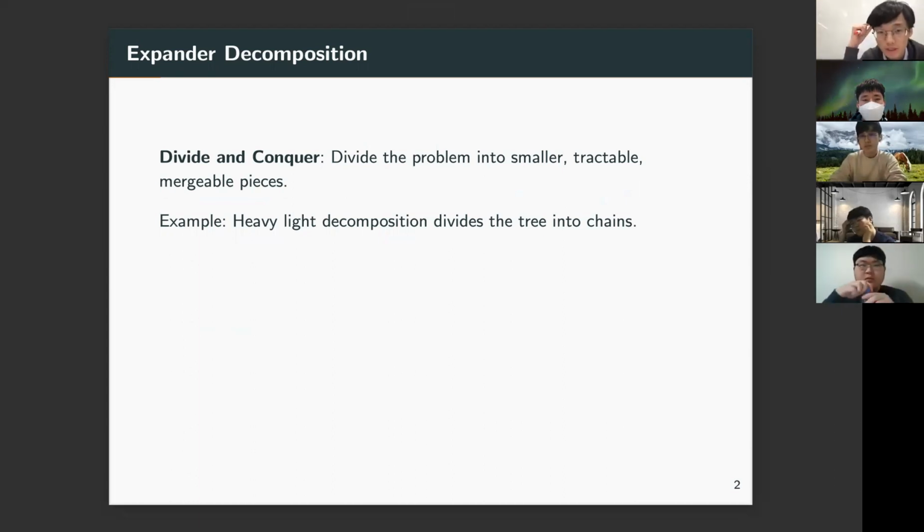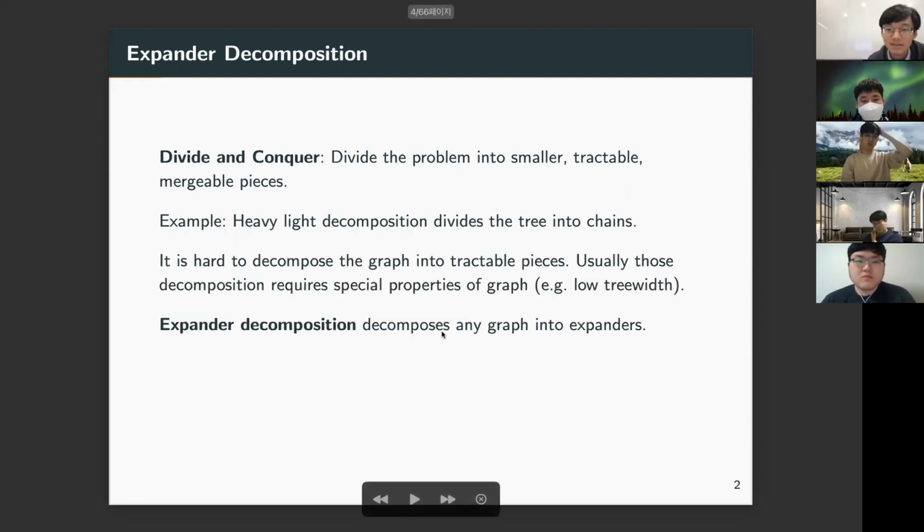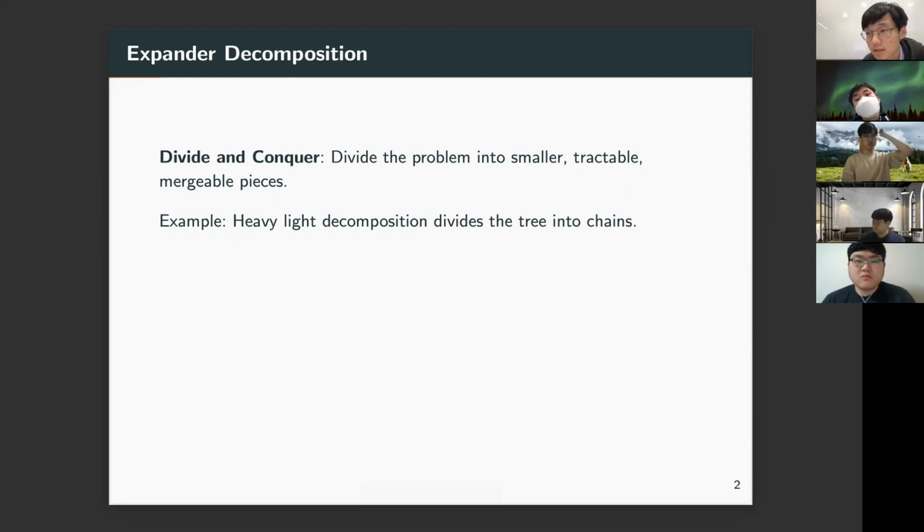For example, heavy light decomposition is not a divide and conquer in a very narrow sense, where you just divide the problem into smaller pieces, but it can be thought of as a sort of divide and conquer in the sense that it divides the tree into chains, and the chain is tractable. In a chain you can solve problems more easily, because a chain is an easier subgroup of a tree, since you can usually use binary trees.